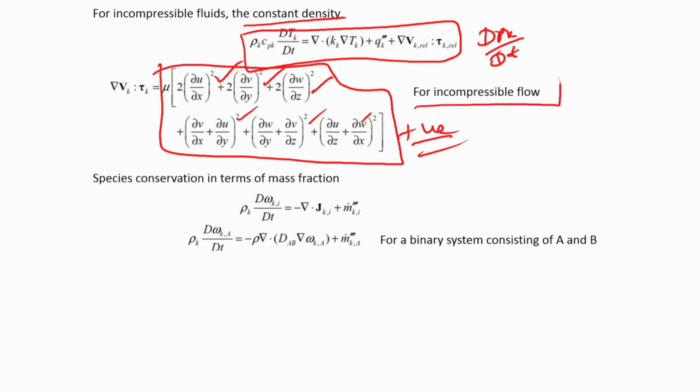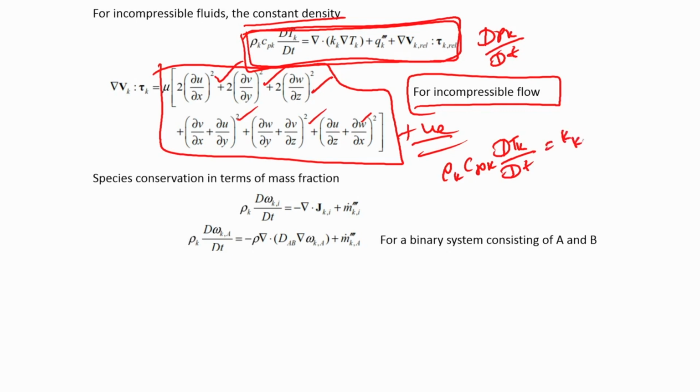Now, for incompressible flow, the species conservation. So, this is the expression that you normally would get. Now, that k can be taken out also if it is a constant thermal conductivity. So, this expression can become the material derivative of T equals k over rho Cp times the Laplacian of Tk plus Qk triple prime plus the viscous dissipation term.